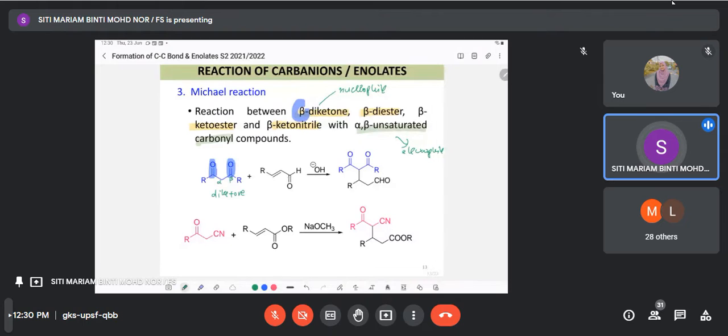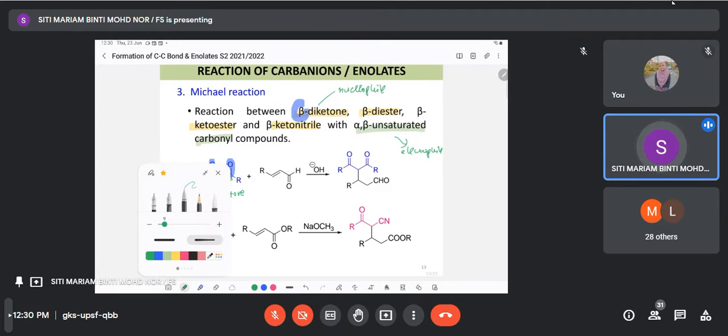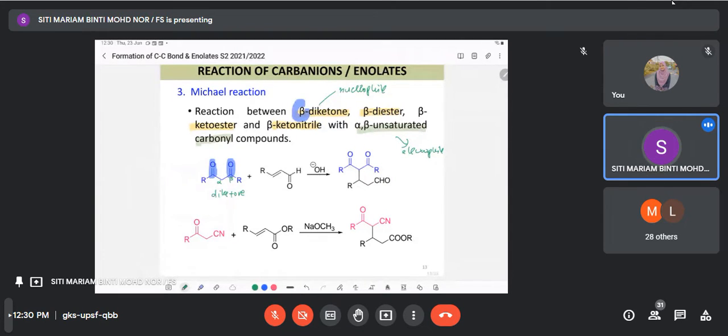The unsaturated carbonyl can be a ketone, an aldehyde, or an ester, because an ester contains C double bond O also, so we can call it a carbonyl compound as well. Here is the carbonyl C double bond O, here is alpha, here is beta. That's the other material involved in the Michael reaction.